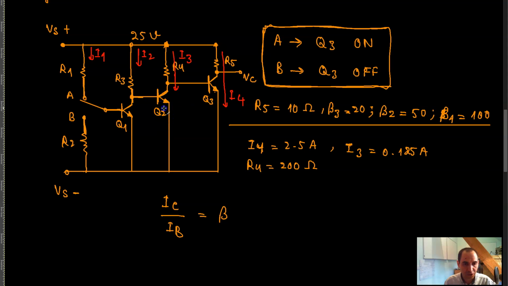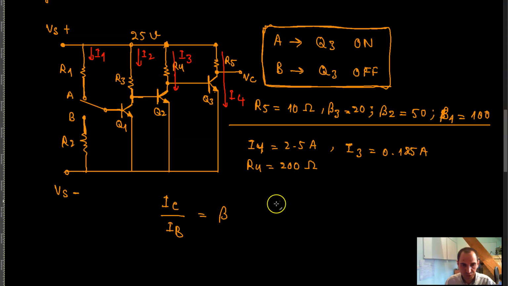The collector current of this transistor is this I3: if the transistor is turned on, the current goes from the supply voltage through this resistor, and through the PN junction, and then back to ground, right?